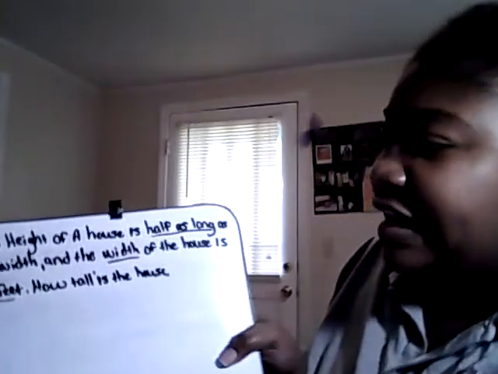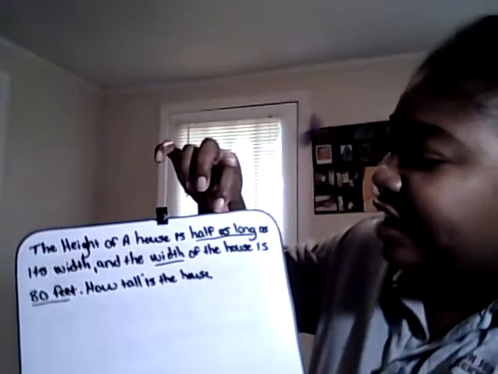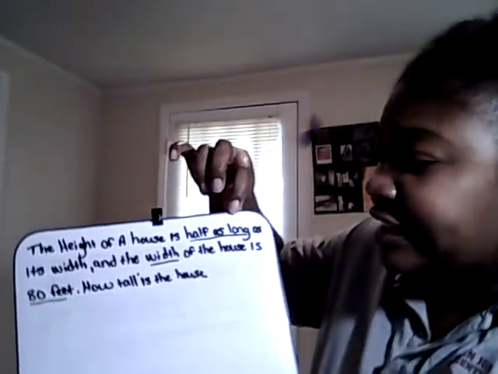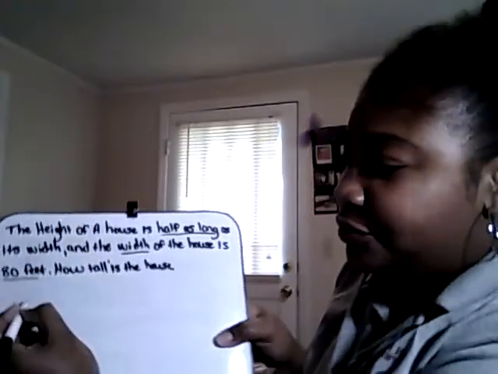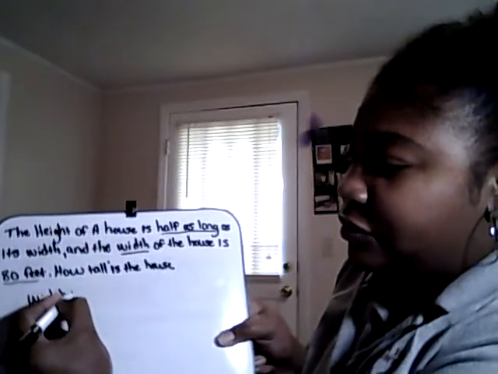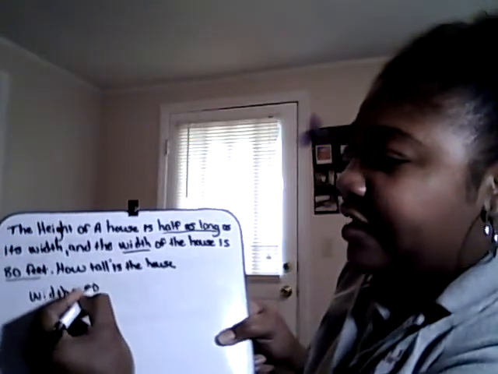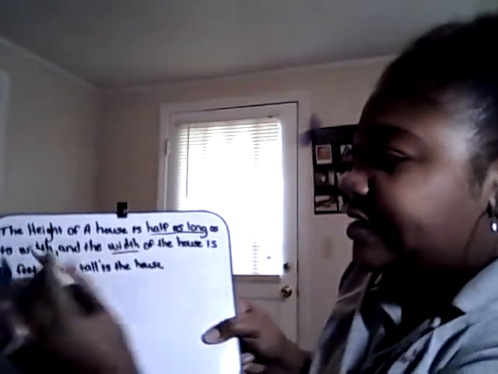So I underline the information that it's giving me. It says the height of the house is half as long as its width, and it gives us the width. So I'm going to write that down. It gave us a width of 80, and then it says the height of the house is half as long as the width.